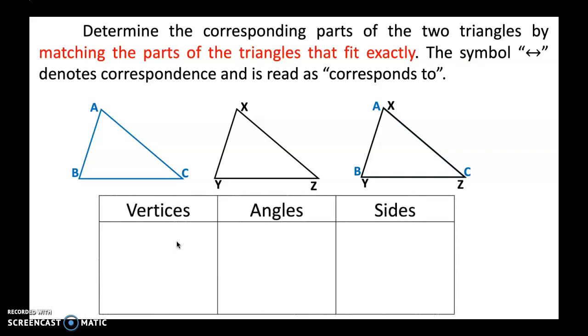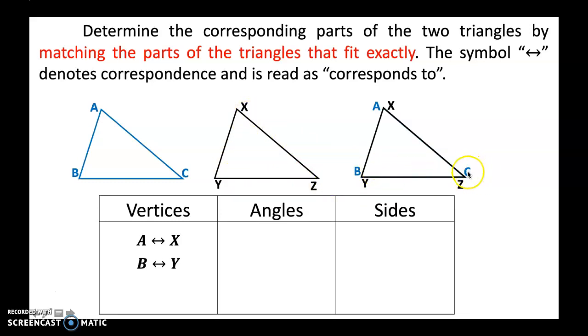So what are the parts of the triangles? We have the vertices, the angles, and the sides. For triangle ABC, the vertices are A, B, and C. Point A corresponds to point X. Point B corresponds to point Y of triangle XYZ.